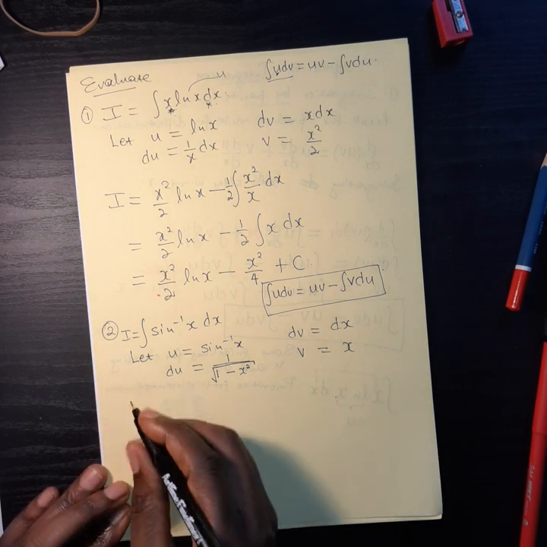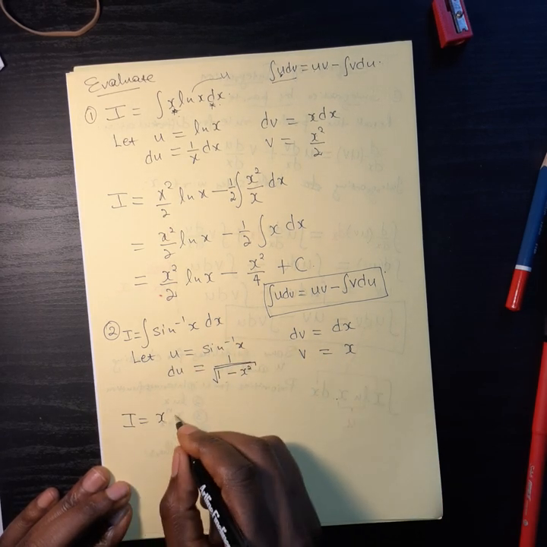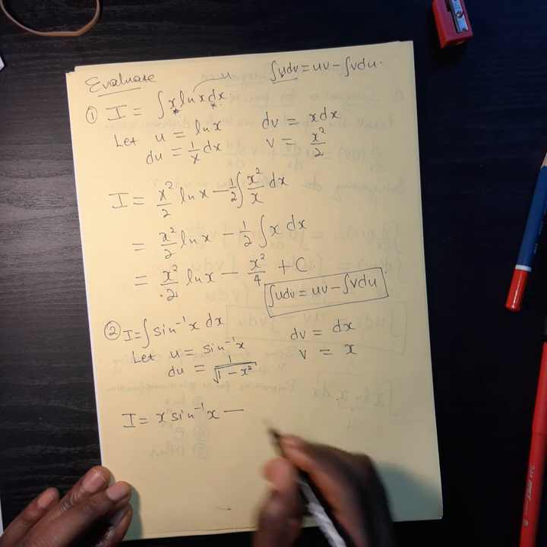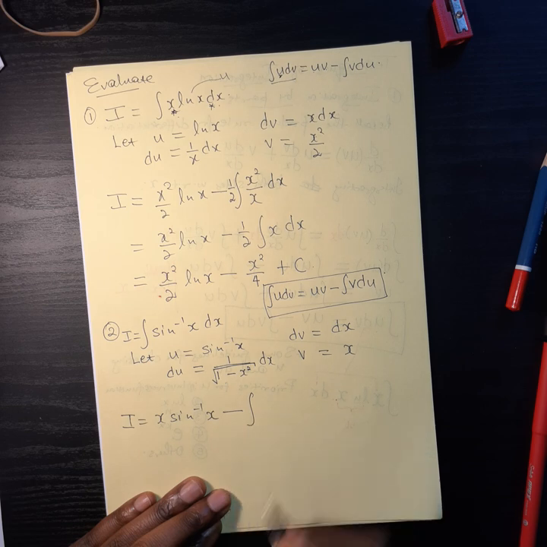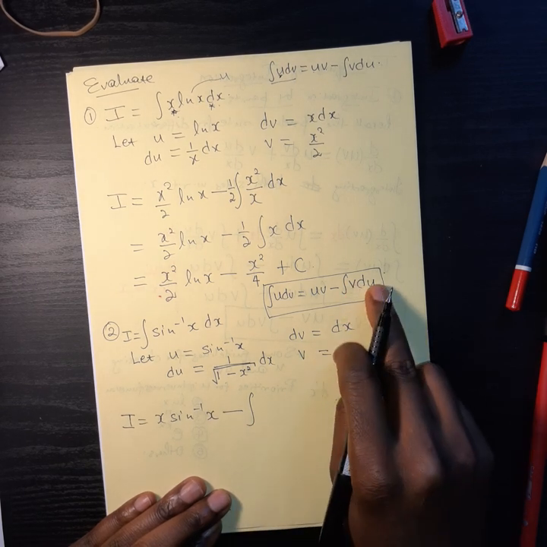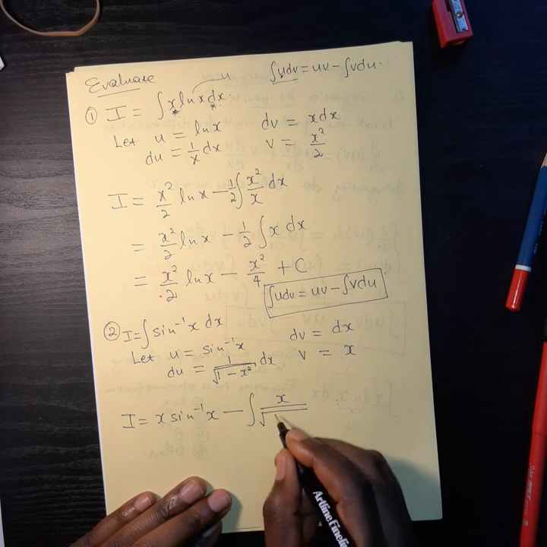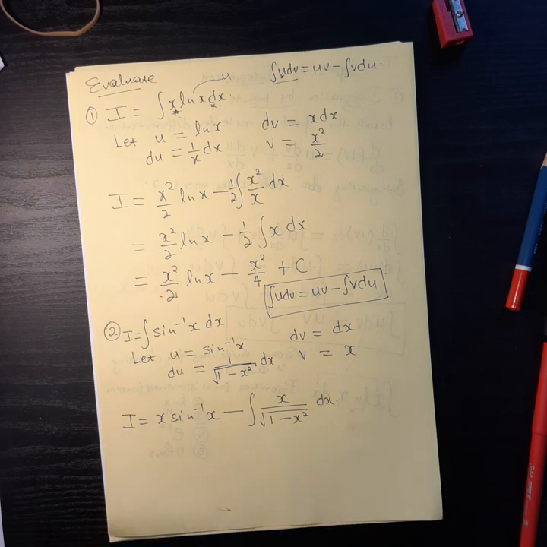So our I, it's uv, is x arc sine of x, minus the integral of v du, which is x over the square root of 1 minus x squared dx, like that.